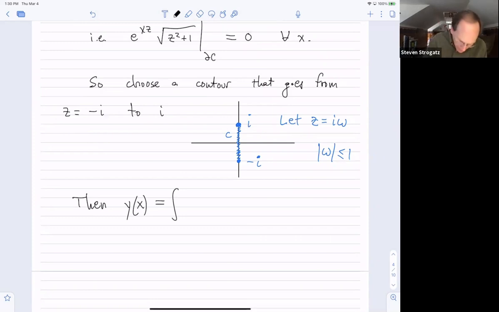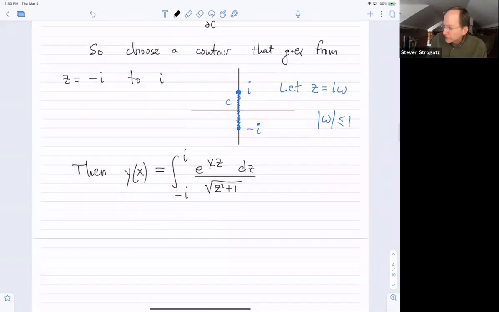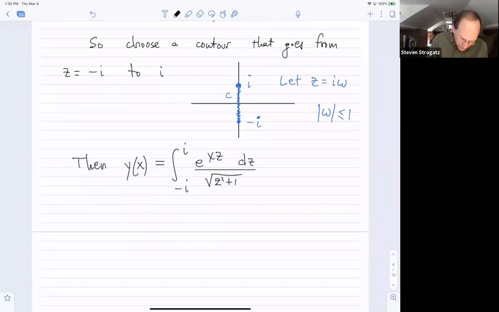it was minus i to i, e to the xz dz over square root of z squared plus 1. And with this change of variables, it's now from -1 to 1. So I'm representing z as iw, so this becomes i wx.